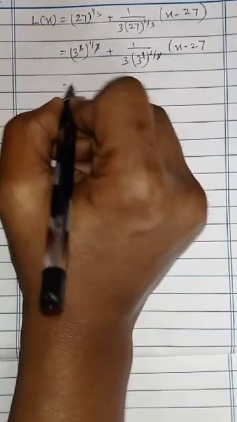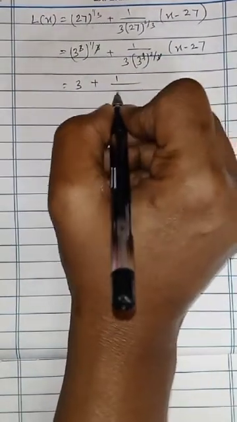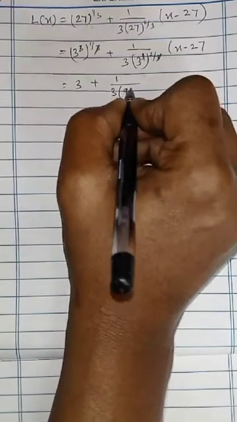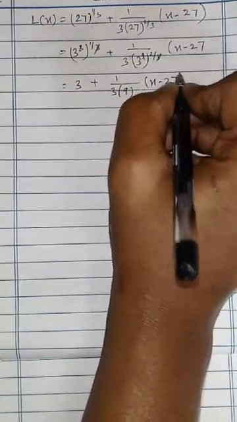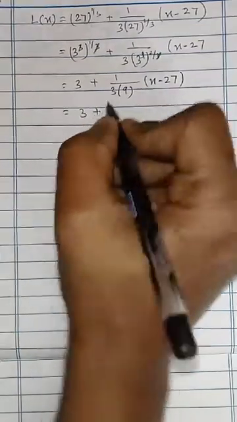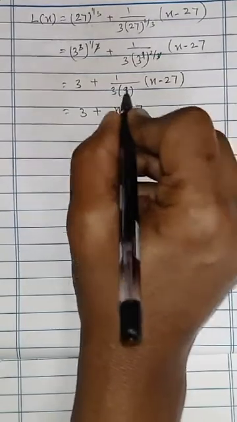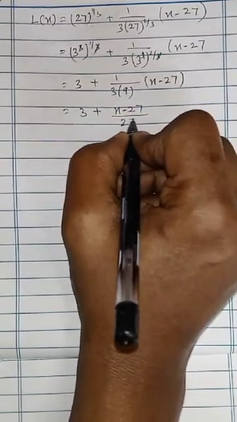Correct? So what will be remaining? 3 plus 1 by 3 into 3 square, which is 9, into x minus 27. Again, we can take this as 3 plus x minus 27 by 9, since 3 3s are 27.